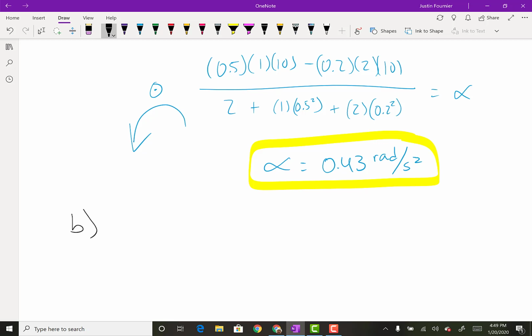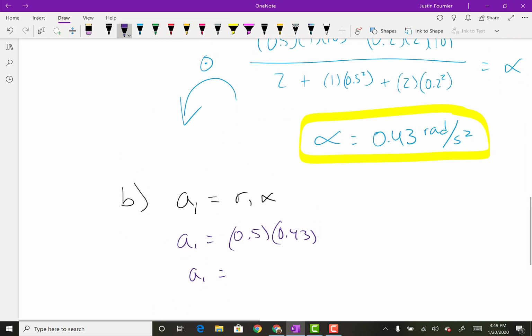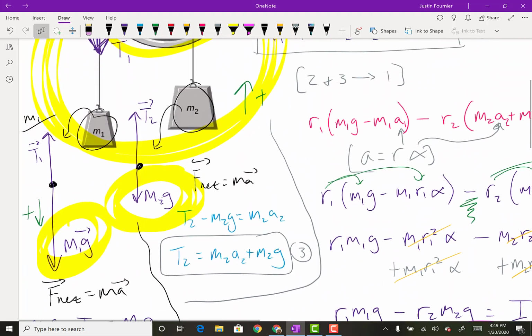Part B is not going to be as bad, because I'm just going to use the fact that my linear acceleration a1 is going to be r1 times alpha. This is just using the relationship I got back here.